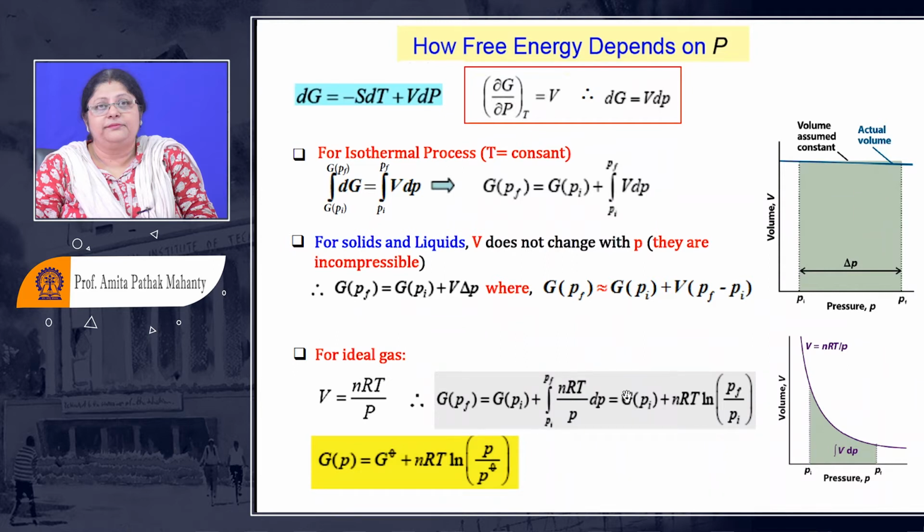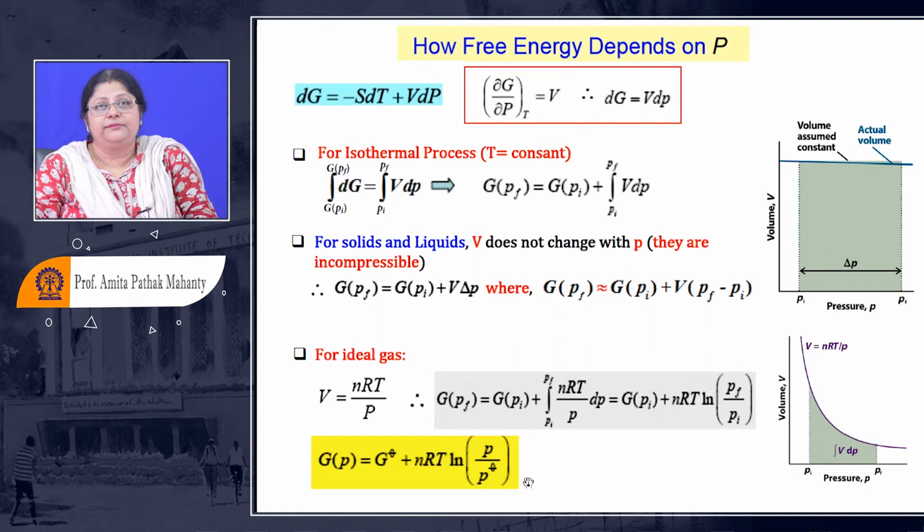So what do you have? nRT will be outside, which is constant, and you will have the integration of dP by P from initial to final.